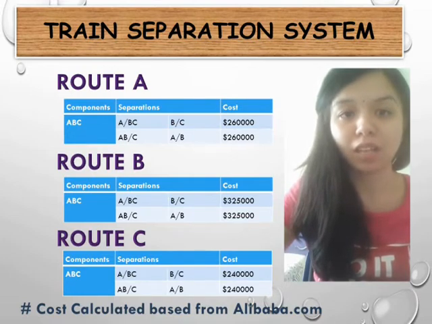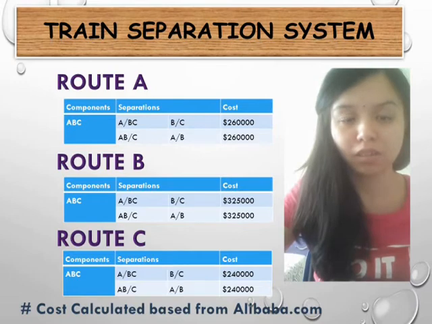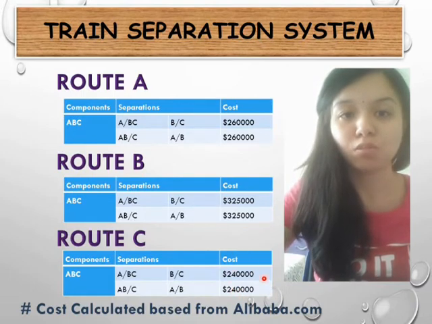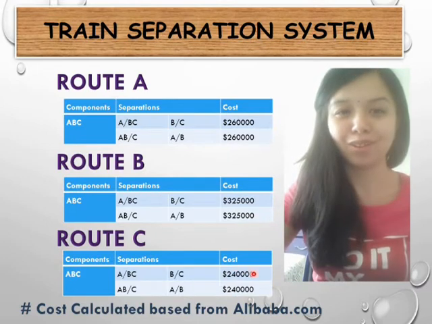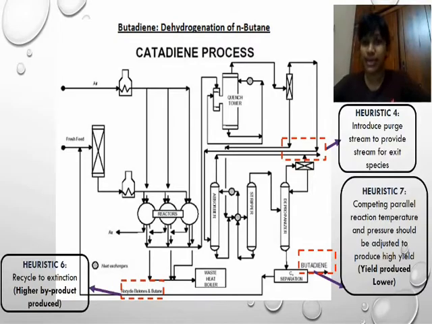For route A, the cost of equipment is $260,000, while for route B it is $325,000, and for C, which is OXD process, the cost of equipment is $240,000. Thank you.